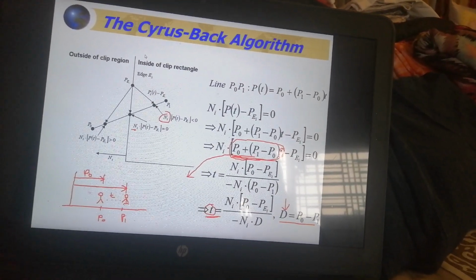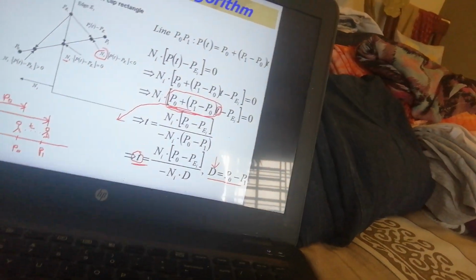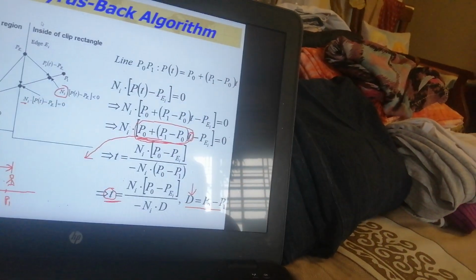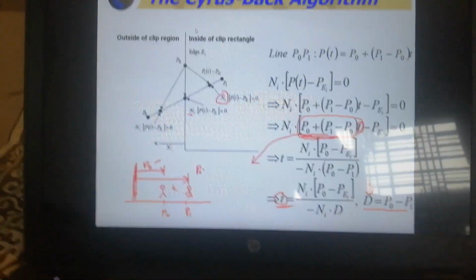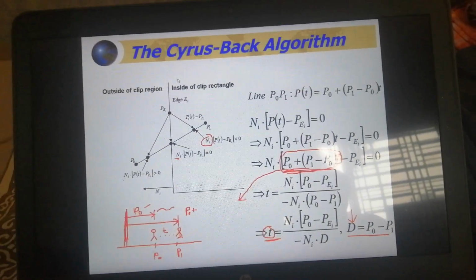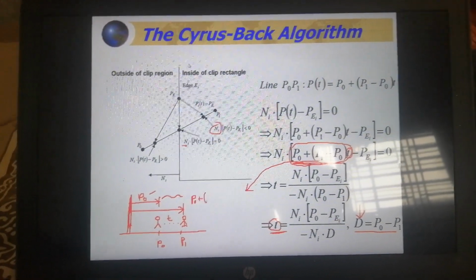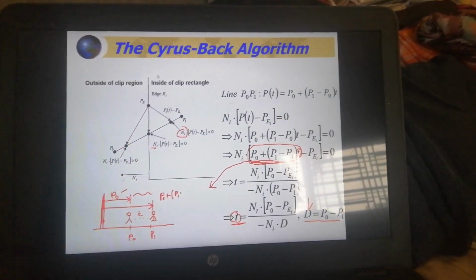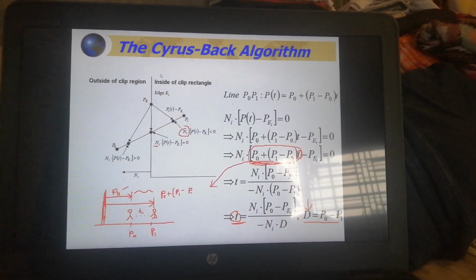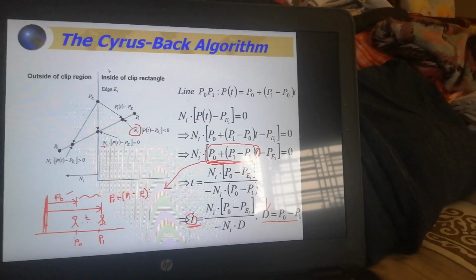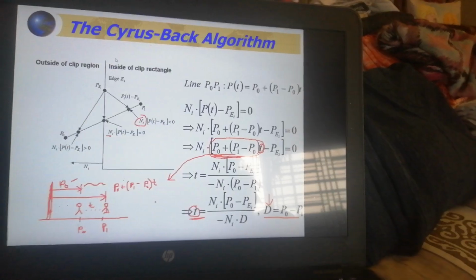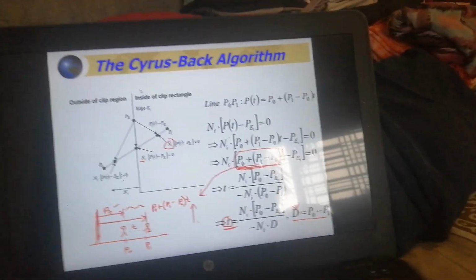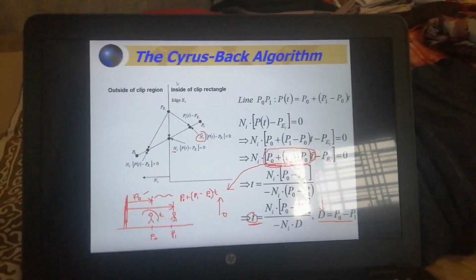It's P1. What's the position from this boundary? That's going to be P0. So over here it's P0 plus this segment. This segment is P1 minus P0, times T. That means whenever T becomes 0, you are over here.